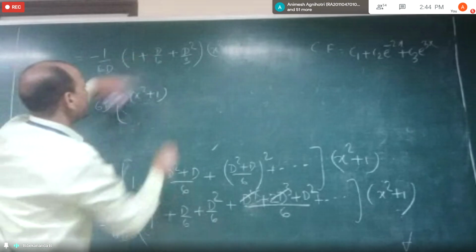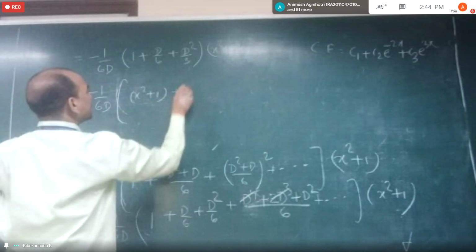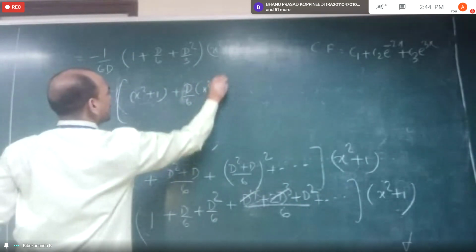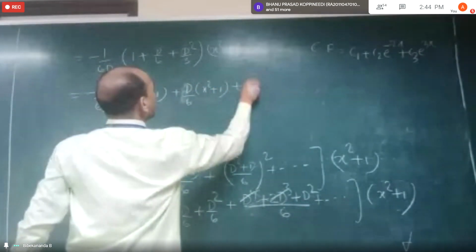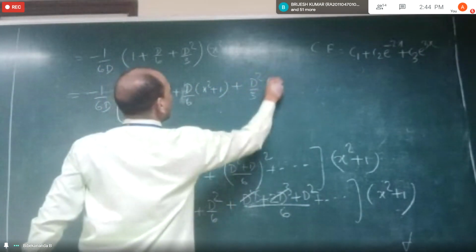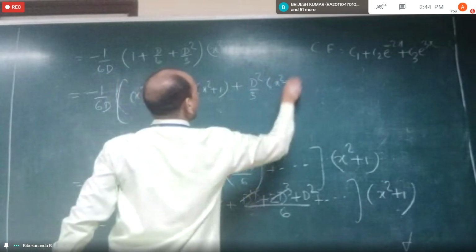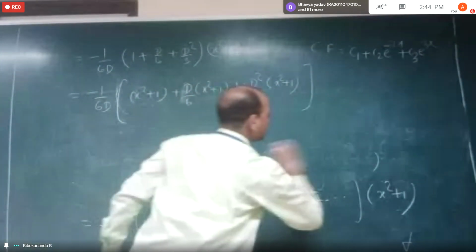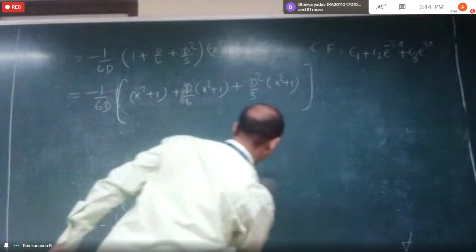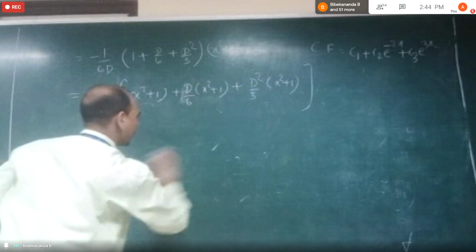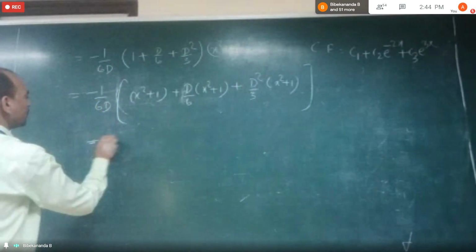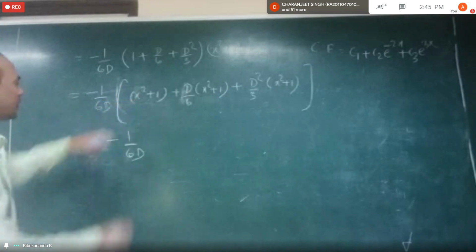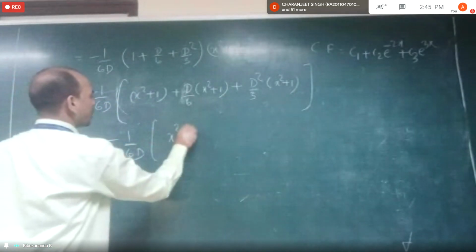Then plus 1 by 6 into D by 6 into x square plus 1, plus D square by 3 into x square plus 1. Okay. Now this is equal to minus 1 by 6D, and this will be x square plus 1.